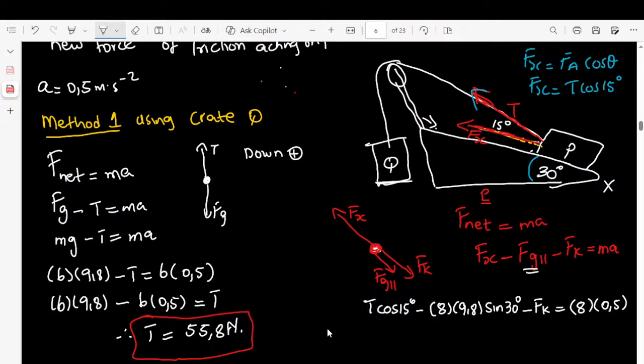So I'm going to say this is 55.8 newtons at the cos of 15 degrees. We're going to minus 8 into 9.8 the sine of 30 degrees. Guys, I'm going to take the 8 multiplied by 0.5 this side to be negative, so that we say Fk is equal to that. Whatever that we get on our calculator is our frictional force.